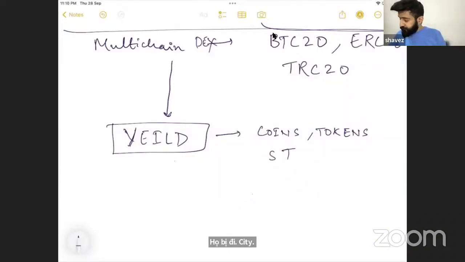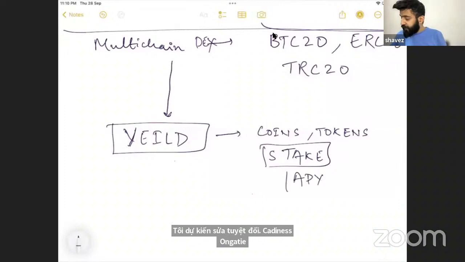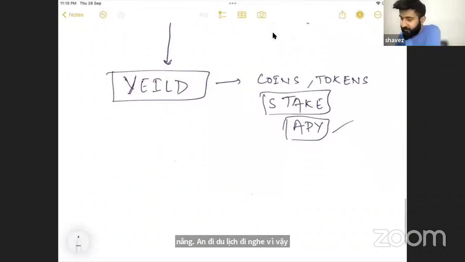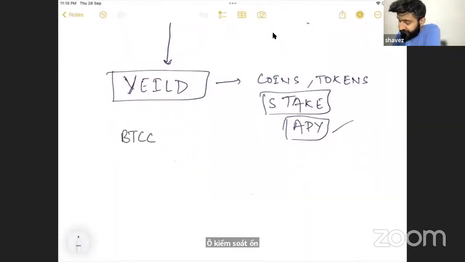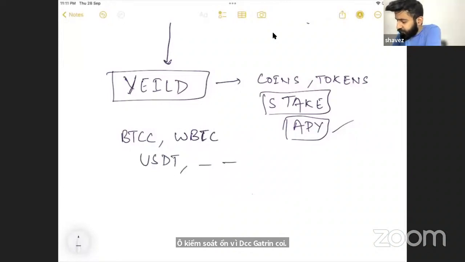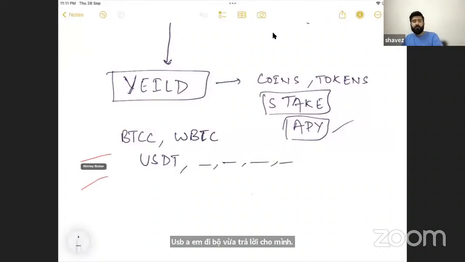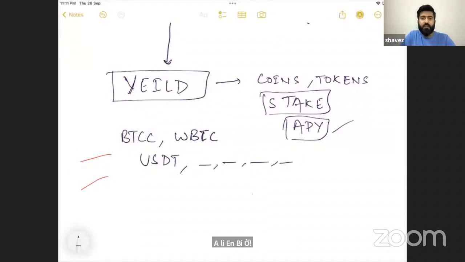So you can stake your cryptocurrencies on Katina and you will receive APY, yield. BTCC, wrapped Bitcoin, USDT, and many more which are coming earlier next week, next to next week. We have so many token projects which are ready to be deployed on the BTC20 chain.